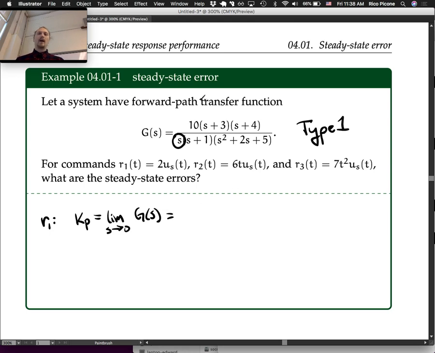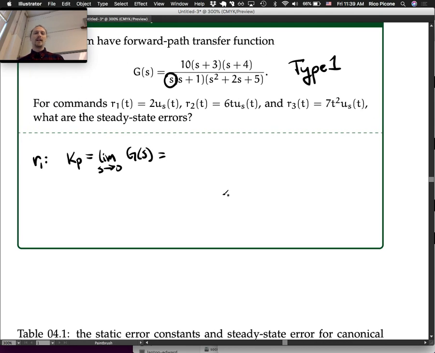All these s's go to 0, so it wipes out the entire denominator to 0, and something finite, 10 times 4, in the numerator. So we end up with something infinite, right?